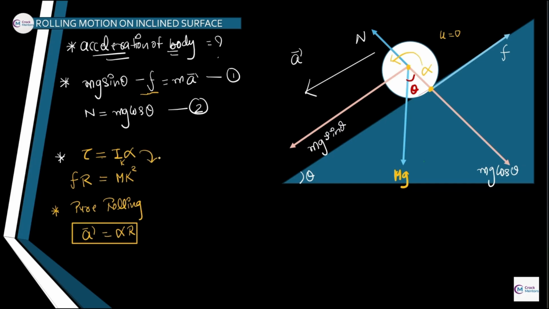By solving this, the friction value will be equal to Mk square a upon r square. Friction is nothing but m a into k square upon r square. This is the value of friction that we are having. I'm hoping that it is very much visible.